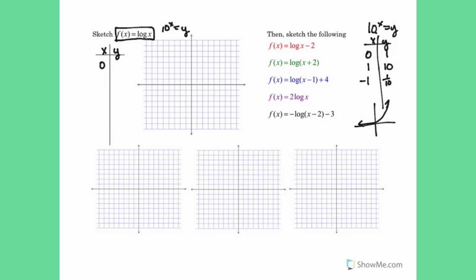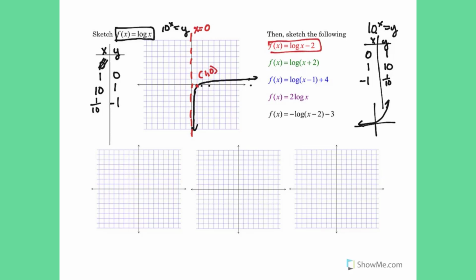So if we were to turn that around, we would use 1, 0, 10, 1, 1/10, negative 1. So here we have it, and 10, let's see, 2, 3, 4, 5, 6, 7, 8, 9, 10, way over here. So it's going to be like a sharp turn, and we also have that vertical asymptote that x is equal to 0. We have our point of 1, 0.